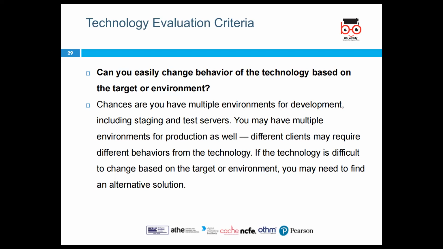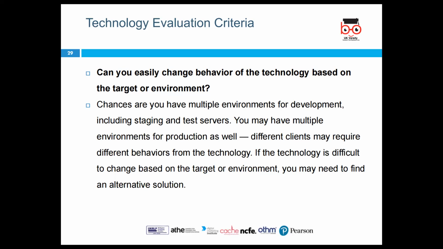And we also need to see if we can easily change the behavior of the technology based on the target environment. We can see that we have multiple environments for development, including staging and testing our server.